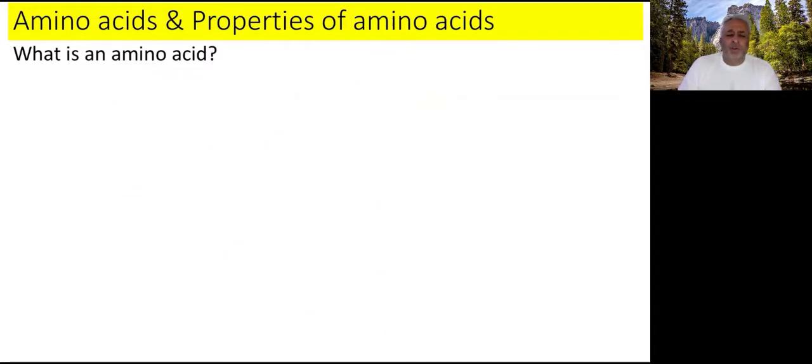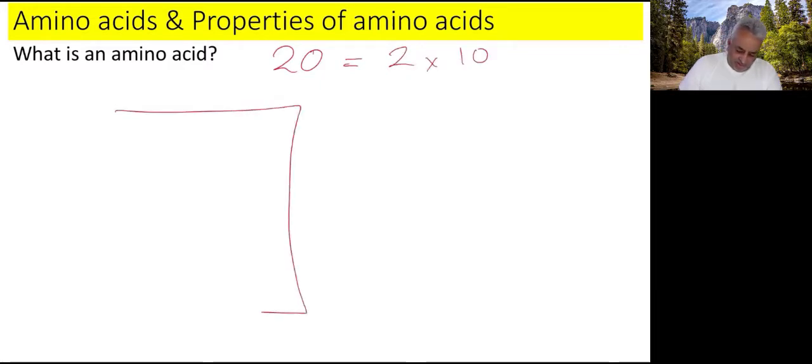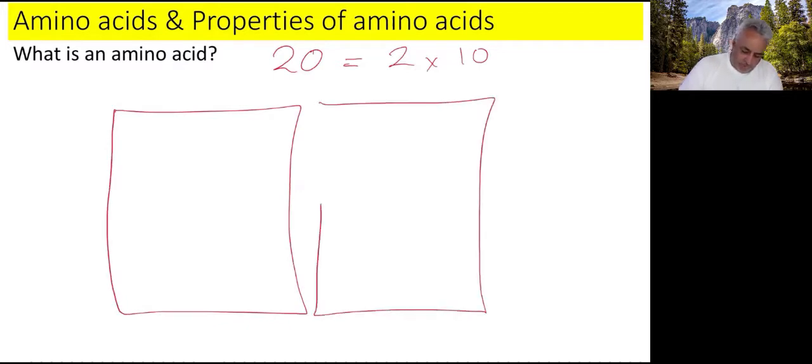What we want you to learn next is that the properties of these amino acids are very, very important. And the 20 amino acids can be divided into two sets of 10. So we could have 10 of the amino acids on one side and another 10 on the other.